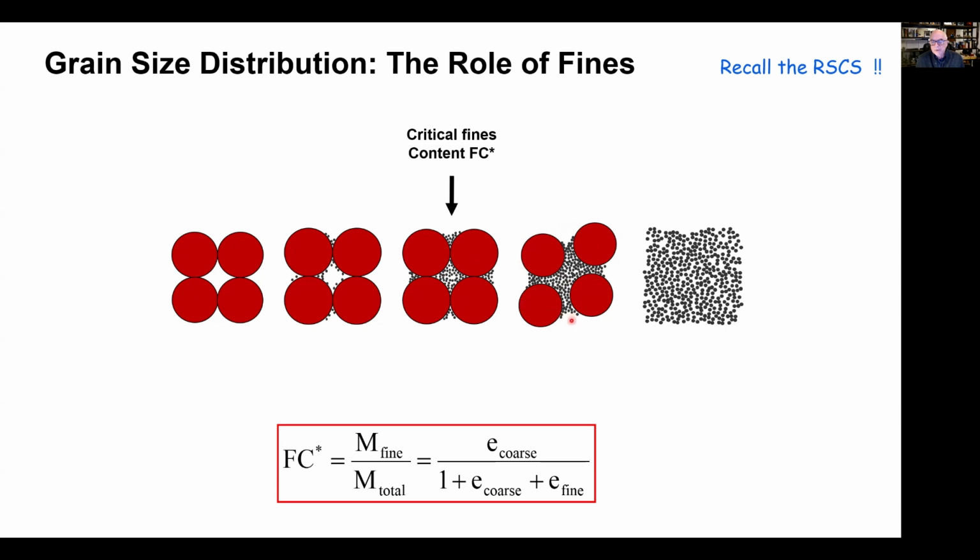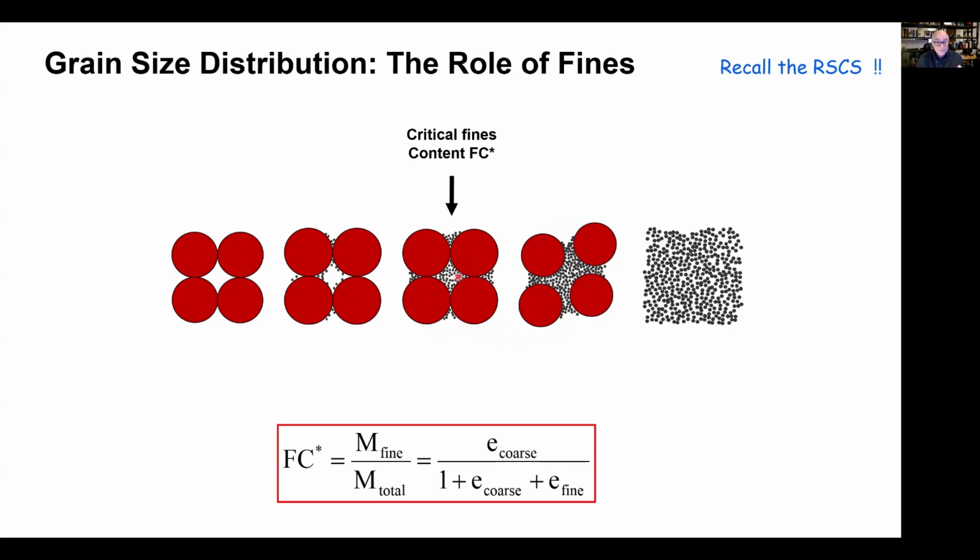The second one was for mechanical processes, but the left one, this one here on the left, is where the hydraulic conductivity gets shut off, and it becomes, well, not shut off, but instead of being very large, in the case of clean sands, now it becomes controlled by the fines.